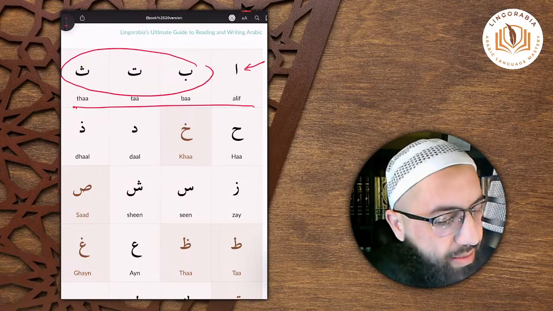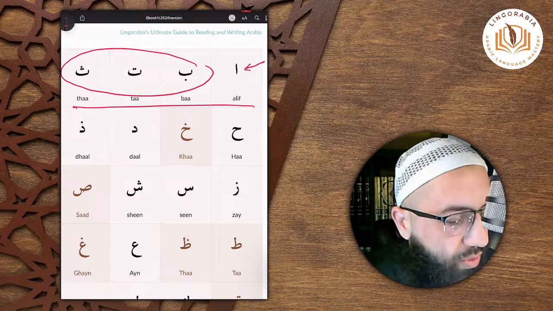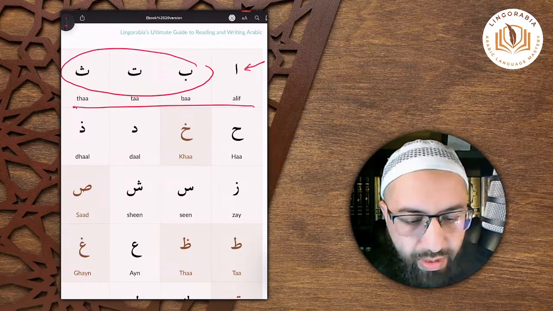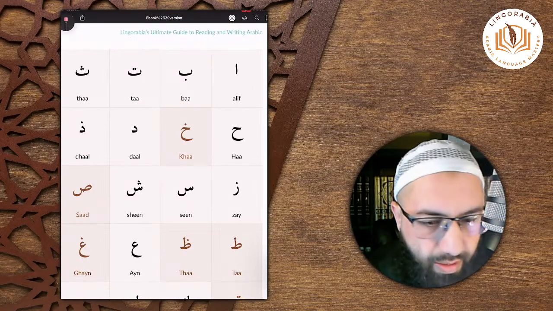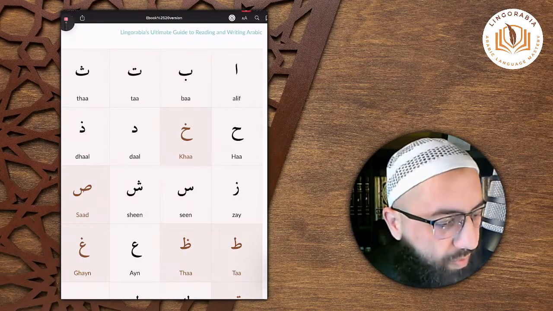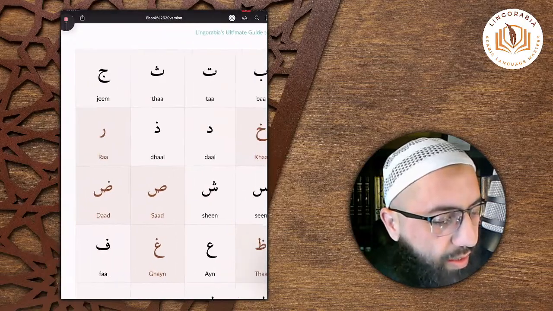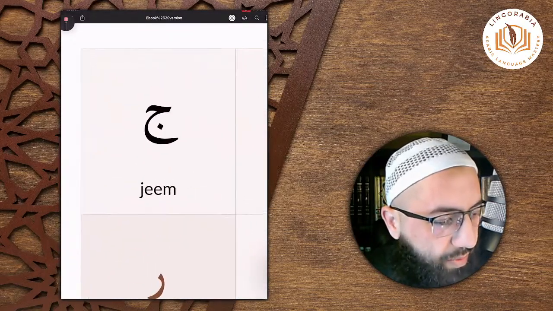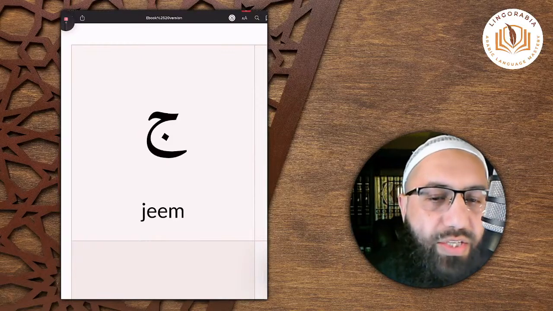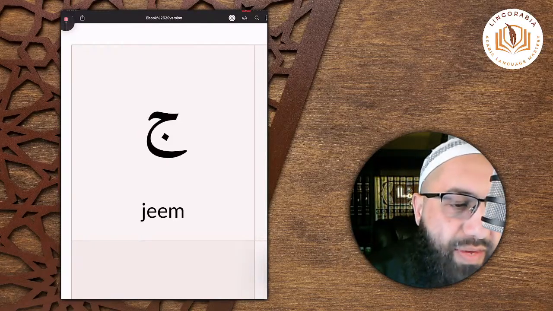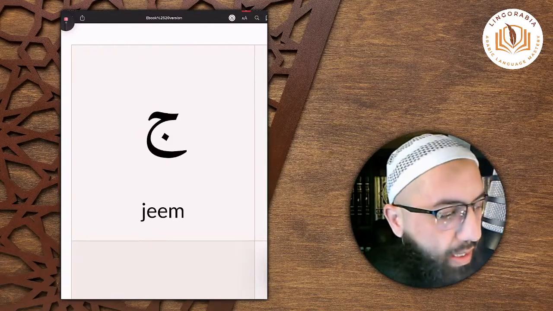So let's carry on, inshallah ta'ala, to the next letters. Let's carry on and let's discuss this letter. Which letter is this, brothers and sisters? Which letter do we have here?